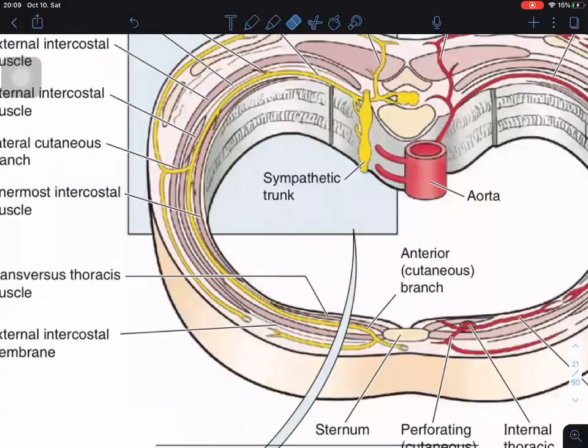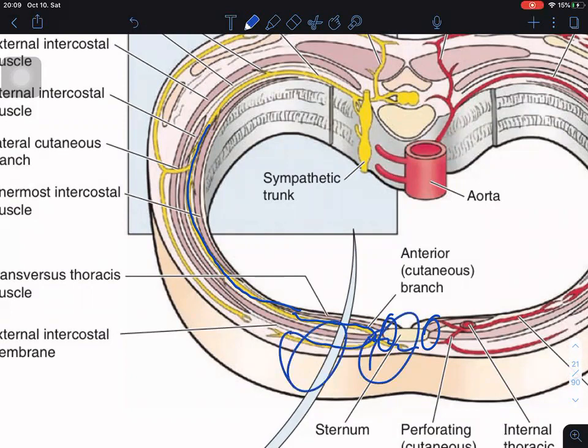And as you see over here, the intercostal nerve is still continuing. And once it's reaching paraesternally, then it gives you the anterior cutaneous branch, again to supply the skin, which is located more on the anterior side of the thoracic wall.